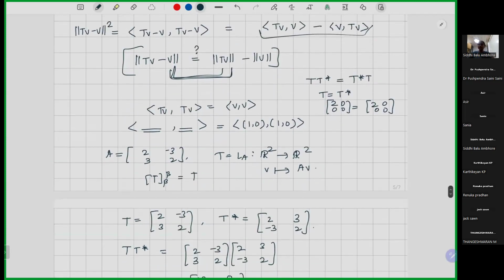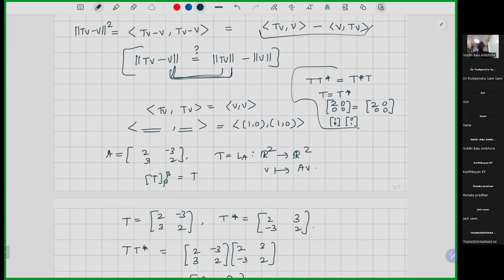For example, here, 0 and 2 are eigenvalues, and the eigenvectors are precisely 1, 0 and 0, 1. The norm of this will again be 4, or the root will give me 2.